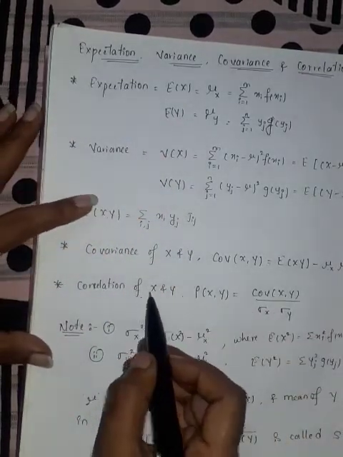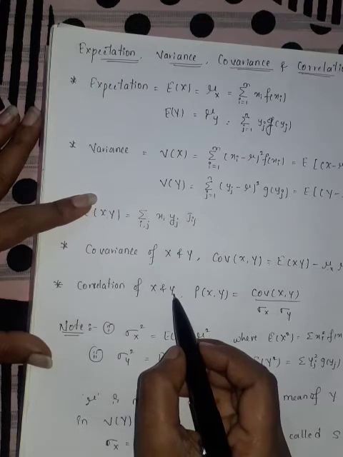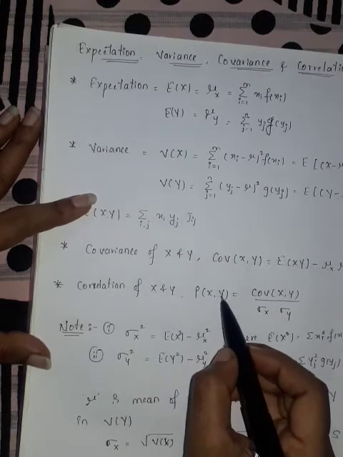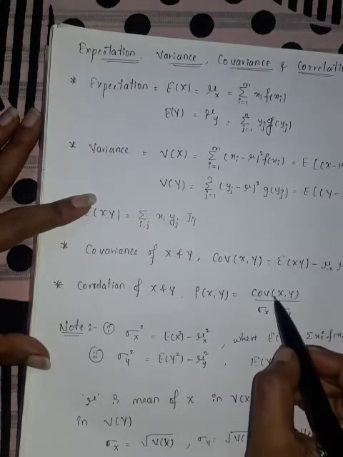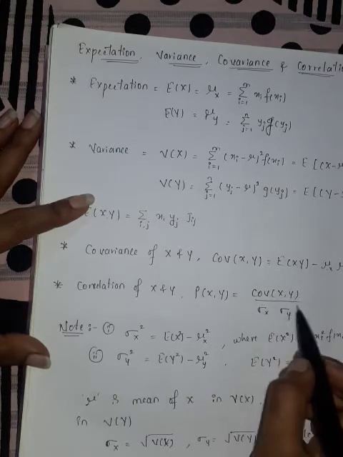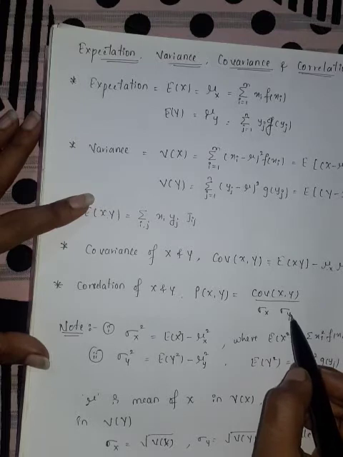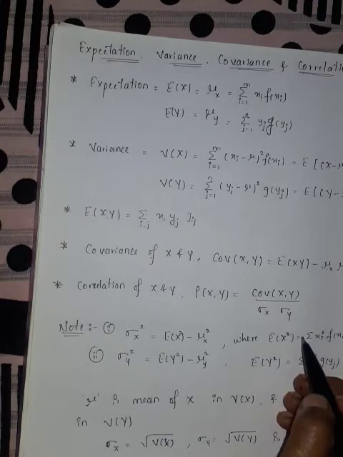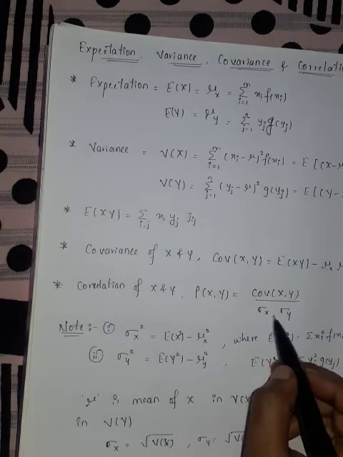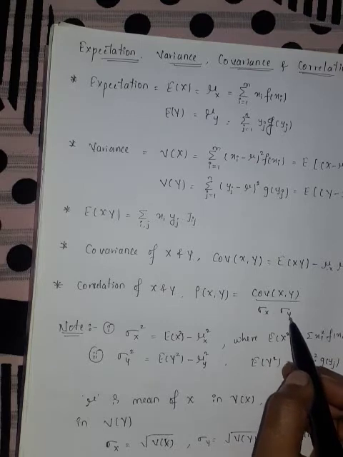And the correlation of x and y is written as rho of x comma y, which is given as covariance of x comma y divided by sigma x into sigma y. Sigma x is nothing but the standard deviation of x, and sigma y the standard deviation of y.